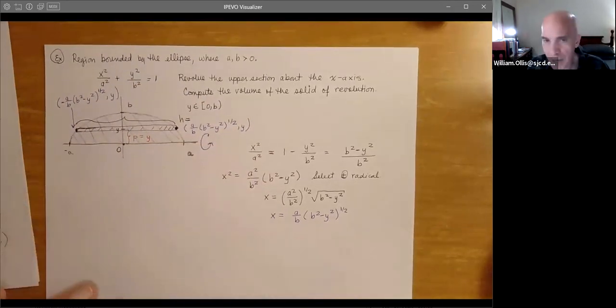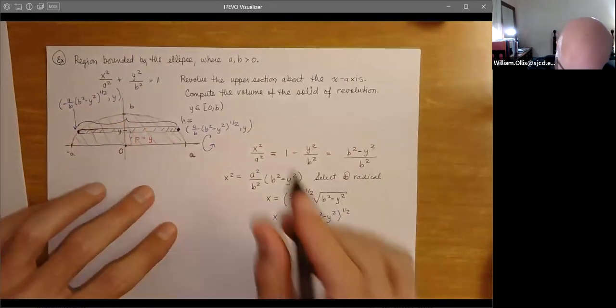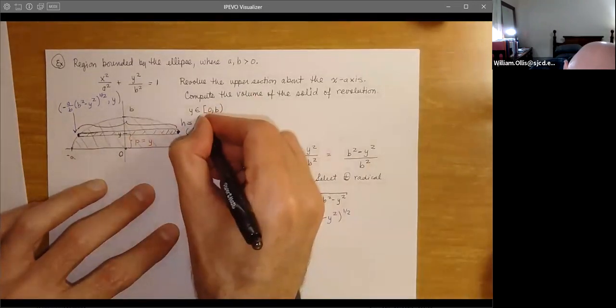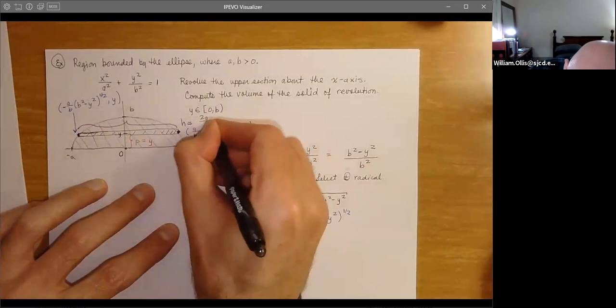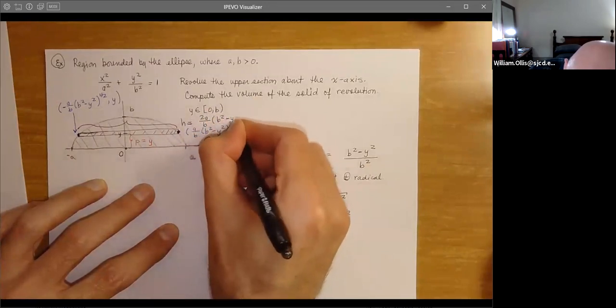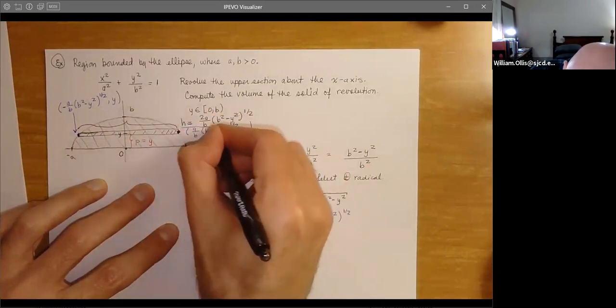So again, we have to make sure we cover the entire strip. So now we can fill this in. We just have two copies. So h will just be twice this: 2a over b, times b squared minus y squared to the 1/2. So I'll just put a box around that.